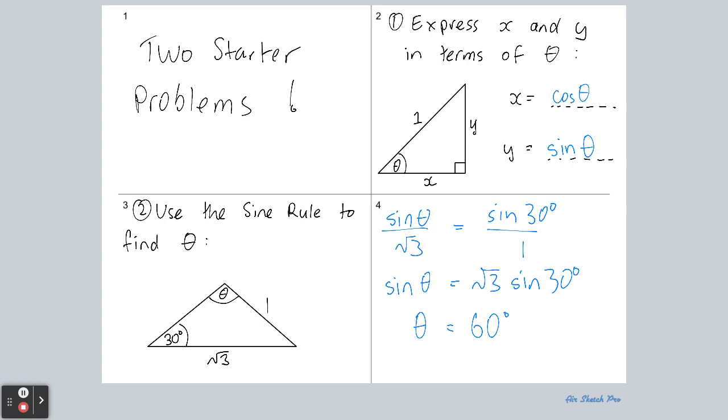But what we haven't done formally is come up with a way of defining or extending our definition of sine, cosine, and tan to cover angles beyond 90 degrees. And hence we have the ambiguous case. So the actual answer is 120 degrees.